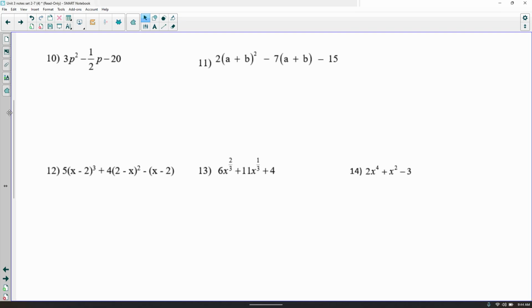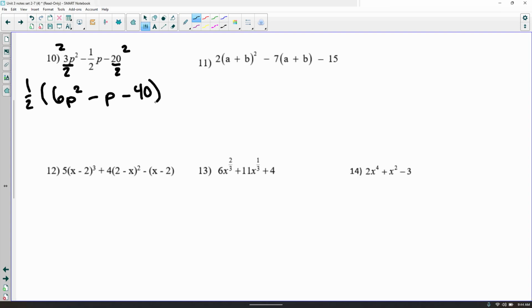All right, so what's wrong with number 10? There's a fraction, so we got to get rid of that fraction by creating more fractions, all the same, which they need to be a 2. So 1/2 comes out and makes it 6p squared minus p minus 40.